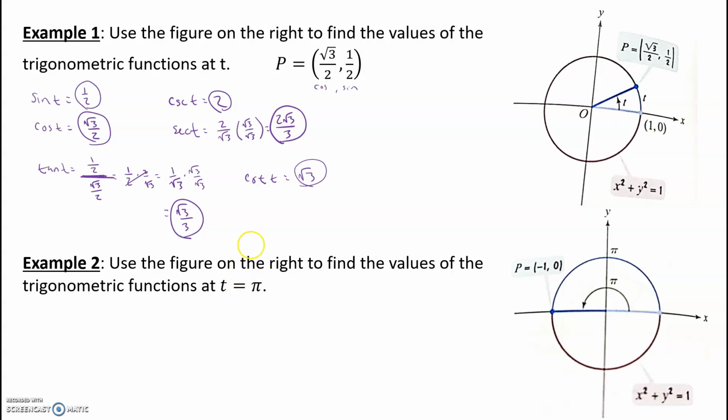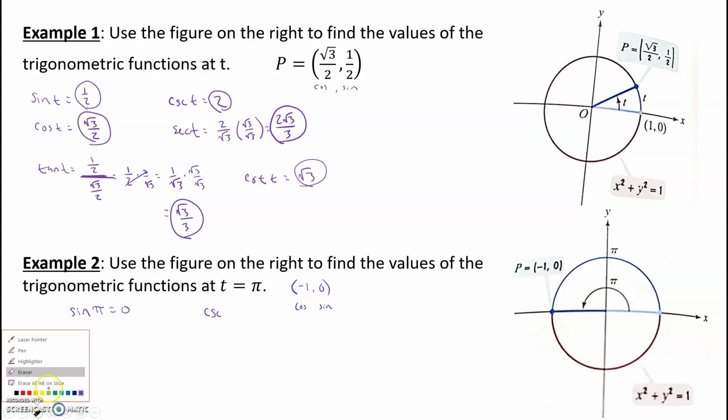Moving on, this one's actually way easier because they're talking about pi. So for pi, your coordinates are (-1, 0), which is your cosine and your sine again. So sine of pi is 0, which means the cosecant, you've got to think for a minute on this one.